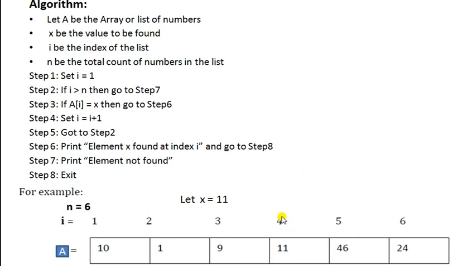Is A of 4 equal to X? 11 equal to 11? Yes. So if this is true, go to step 6. Step 6 tells us that we found the element and the index is 4. Then go to step 8.